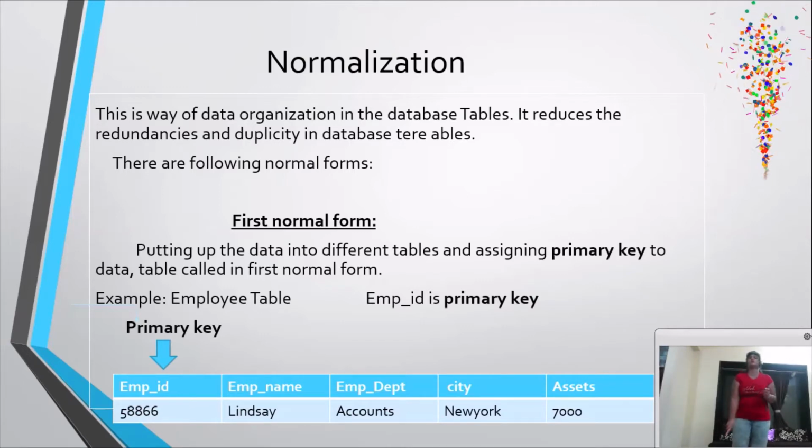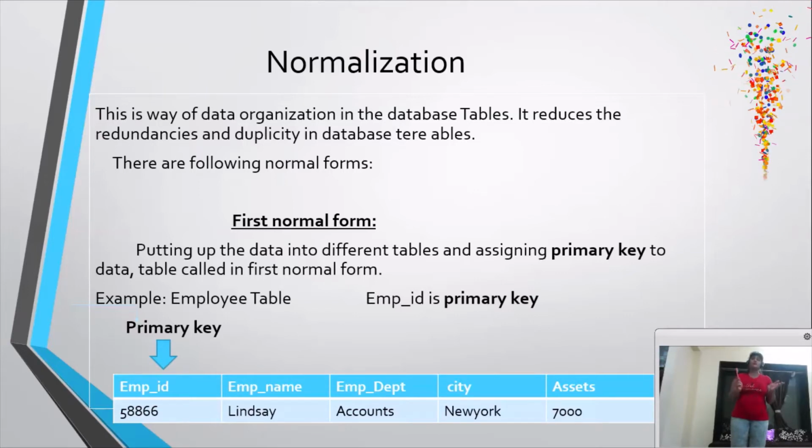What is first normal form? Putting the data into different tables and assigning a primary key to the data table is called the first normal form. Here is the example of a table. Here we are taking the example of an employee table. As we know, in an organization there are so many employees, so we have to get the record.